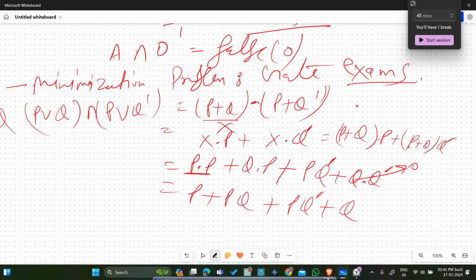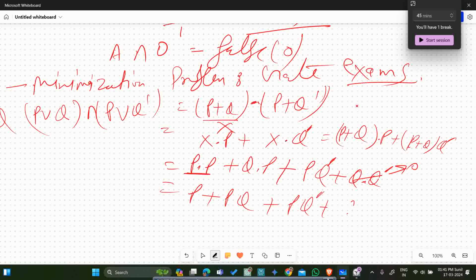So from which law? This law was the domination law, or we can say not domination law, complement law. This was complement law, right? Complement law. This was 0 only.